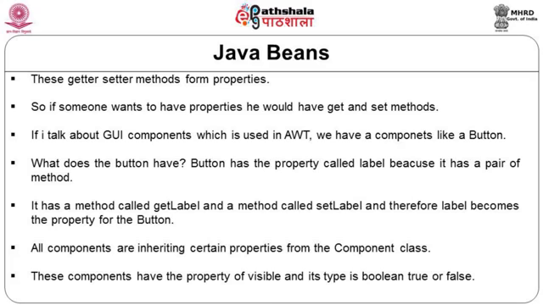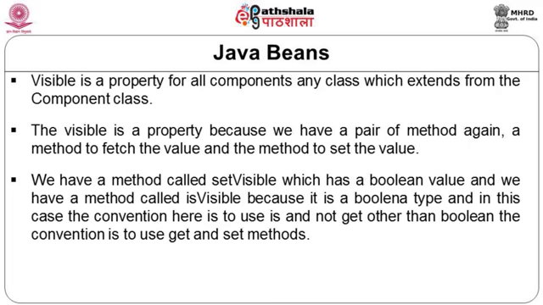Visible is a property for all components. When I say component, I mean any class which extends from the Component class of Java AWT. Visible is a property because we again have a pair of methods, a method to fetch the value and a method to set the value.